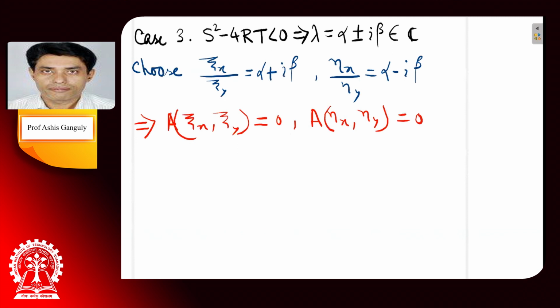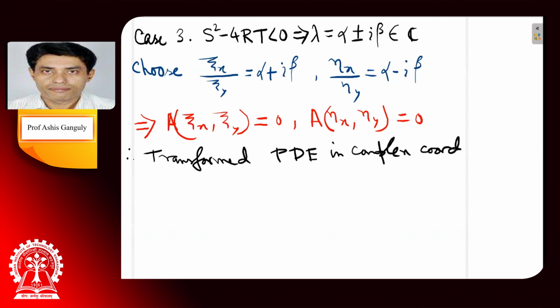and so that, therefore, transformed PD in complex coordinates, remember it is complex, no? Complex coordinates zeta will be apparently similar looking for hyperbolic.